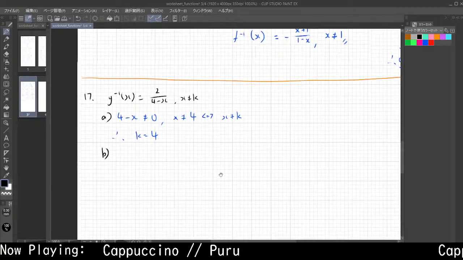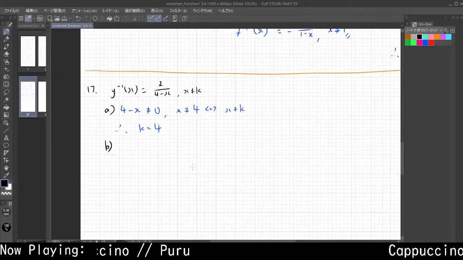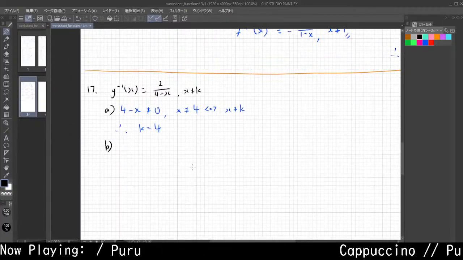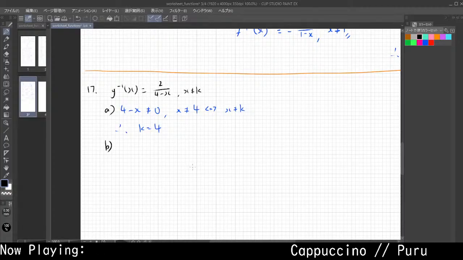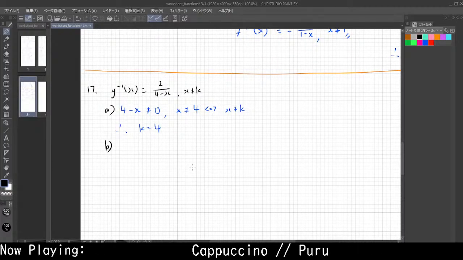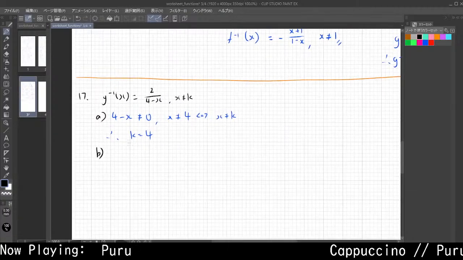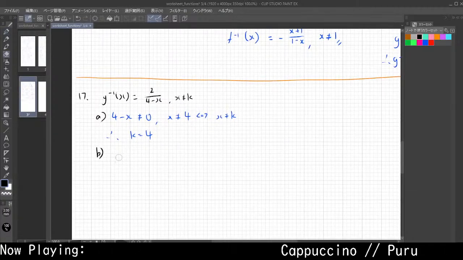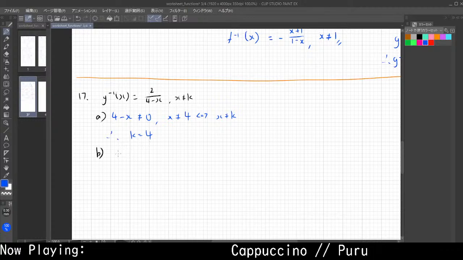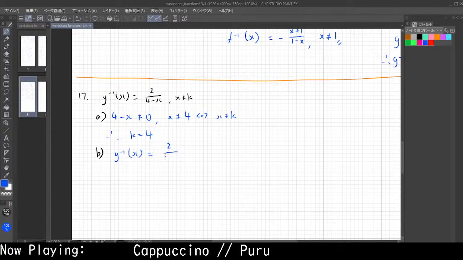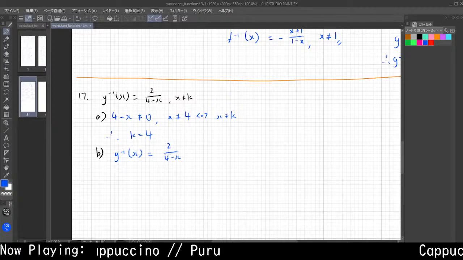Okay, B, find g(x). Going from g to g inverse requires you to do the let y thing. Same thing if you go from g inverse back to g, you do the same process. It's a to and fro process. So g inverse x equals 2 over 4 minus x.